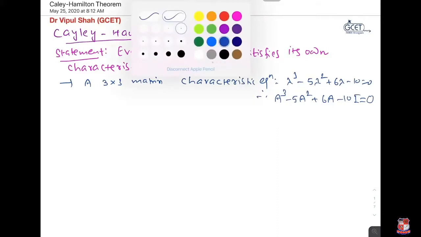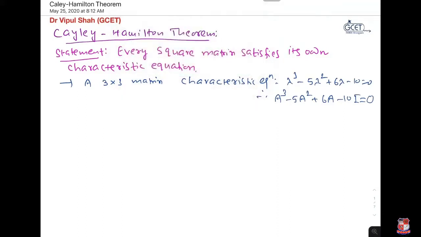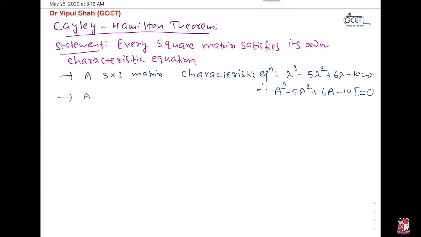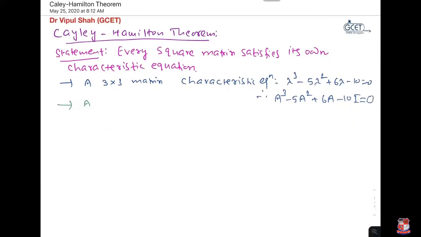Okay, so let us have an example. By using this theorem, we can find the inverse. So that is one thing. Then the other thing is we can find A inverse if determinant A is not 0.